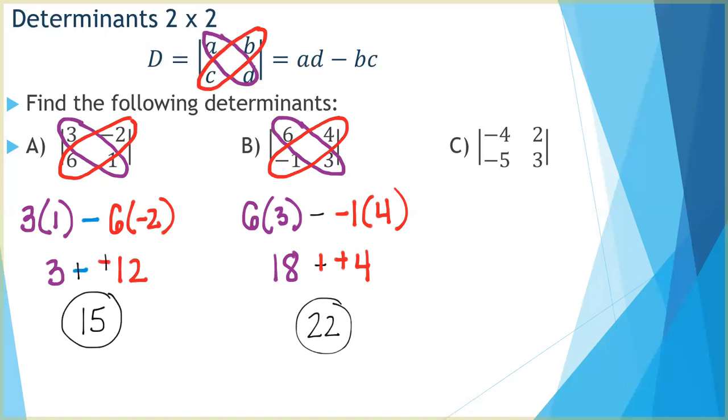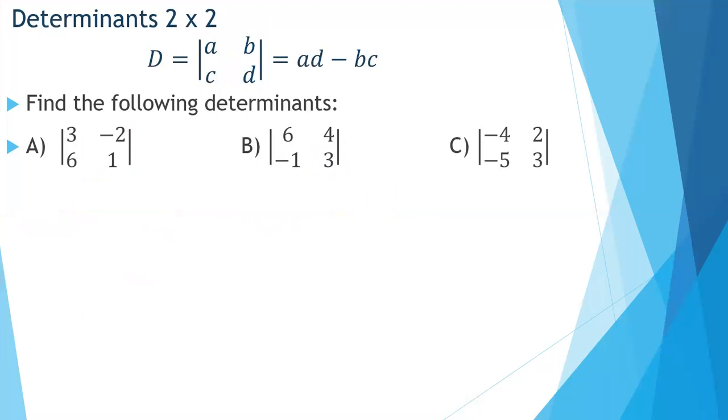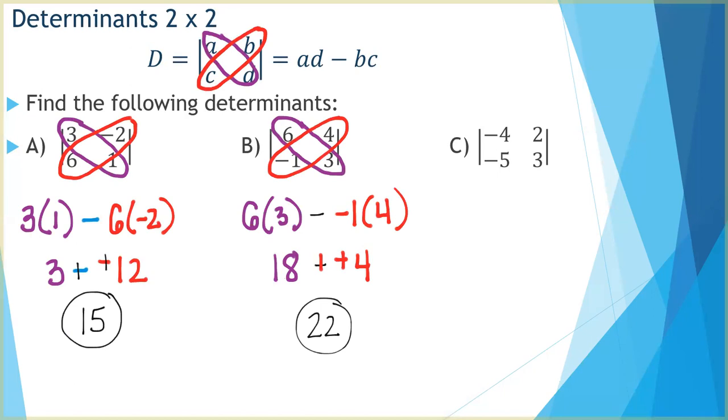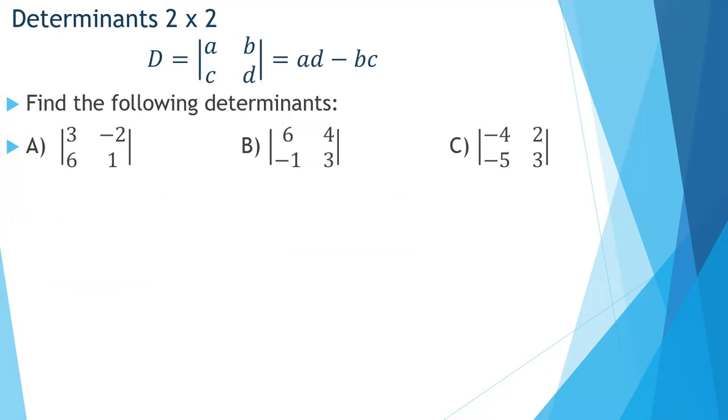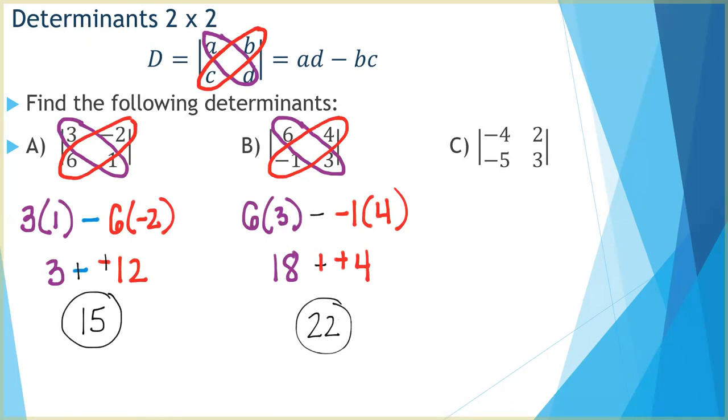All right, go ahead and try to find the determinant for matrix C. So for matrix C, you should get -2.